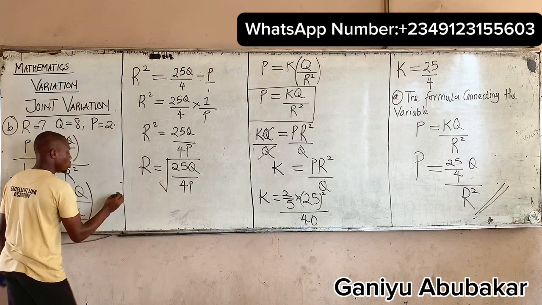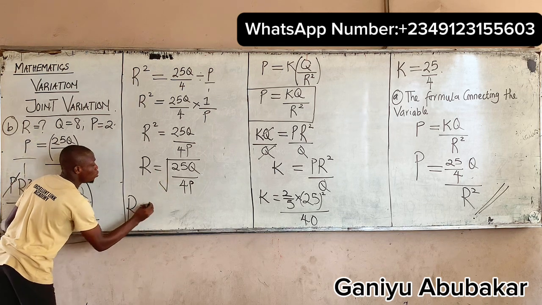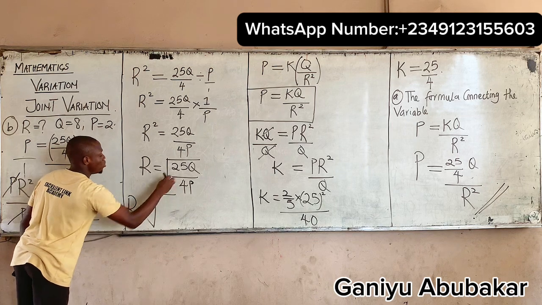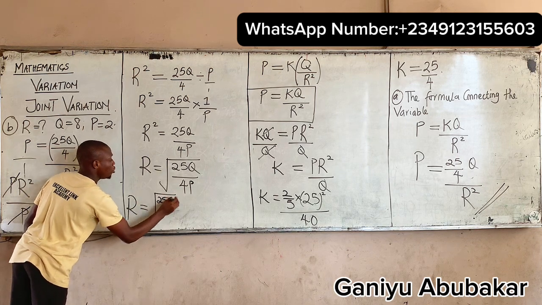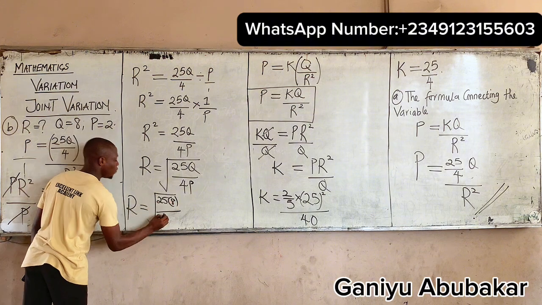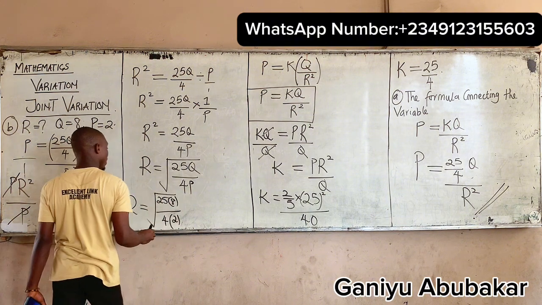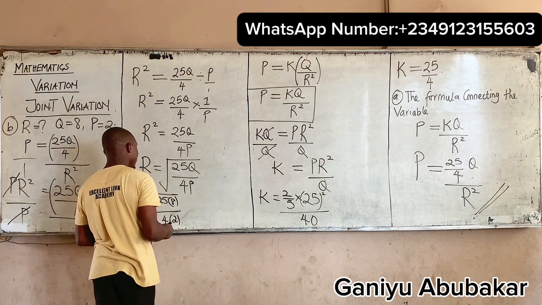Now I can put my values of P and Q. R will be equal to the square root of 25 times 8 (that's your Q) all over 4 times 2 (that's your P).